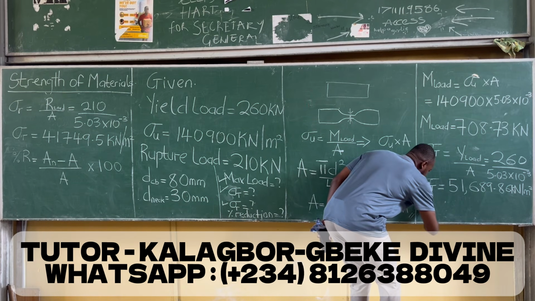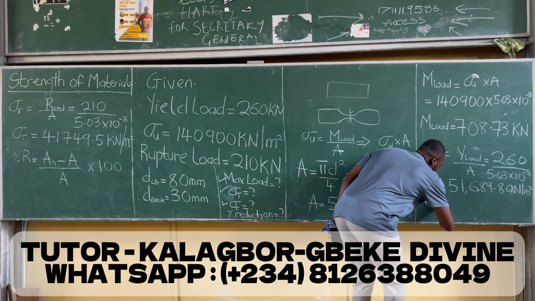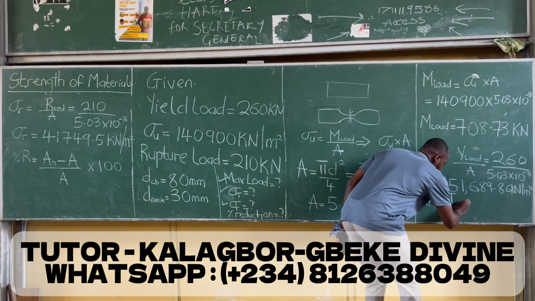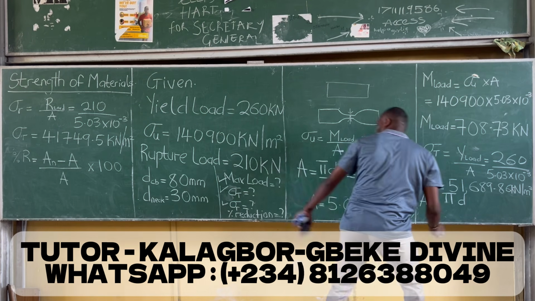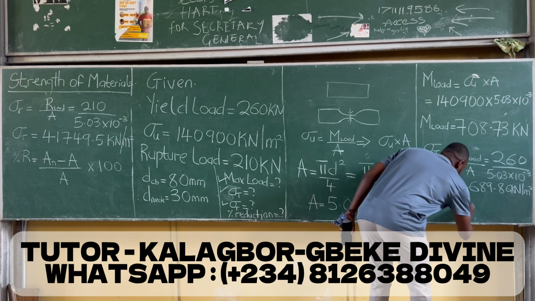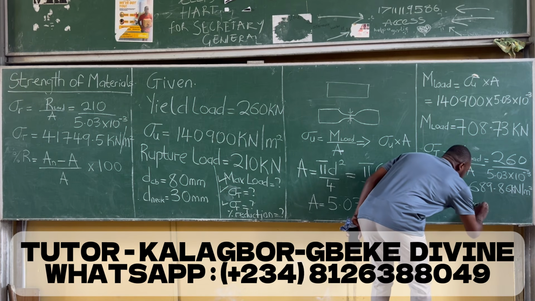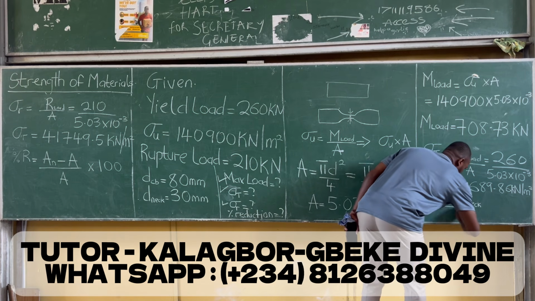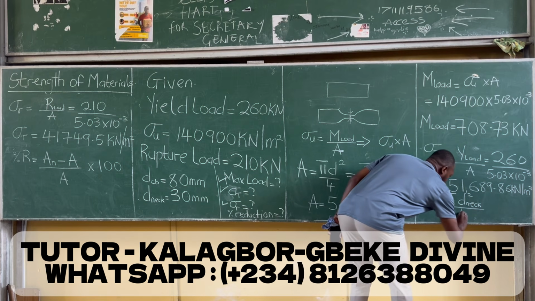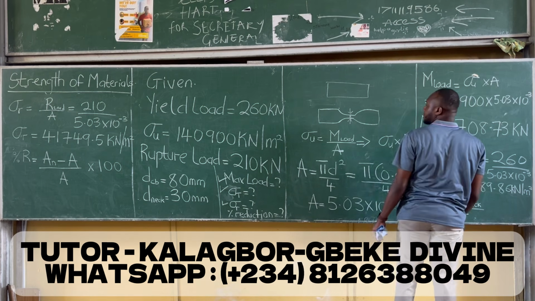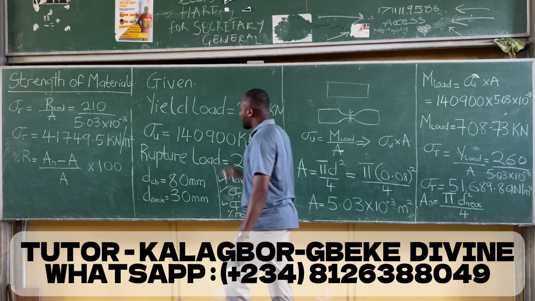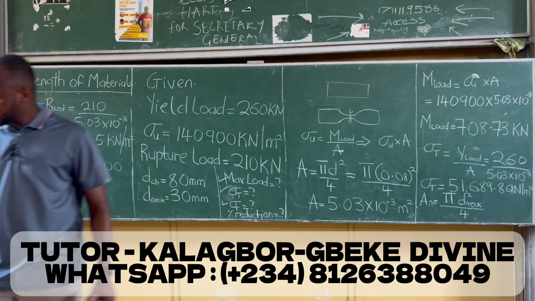So the neck area will be equal to what? Pi d, the d is what? D neck. D neck square over 4. So please, I'm looking for space. So should I clean this place? Let me clean here. Okay, see it here.